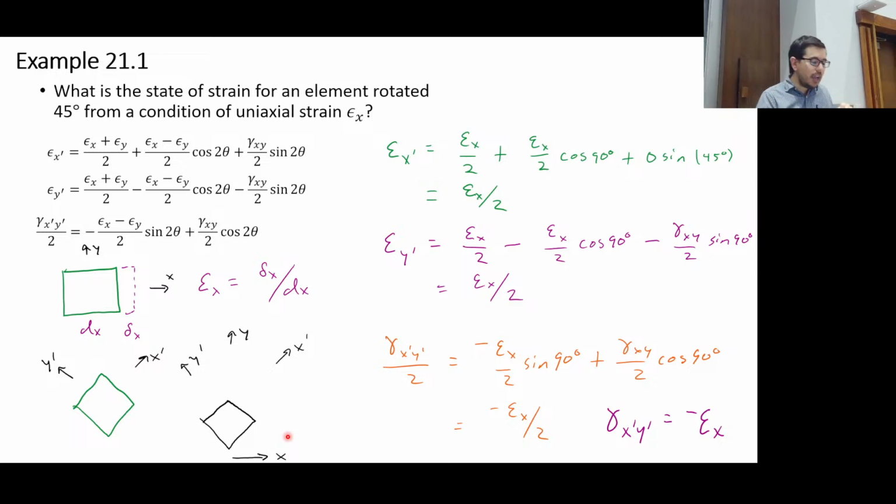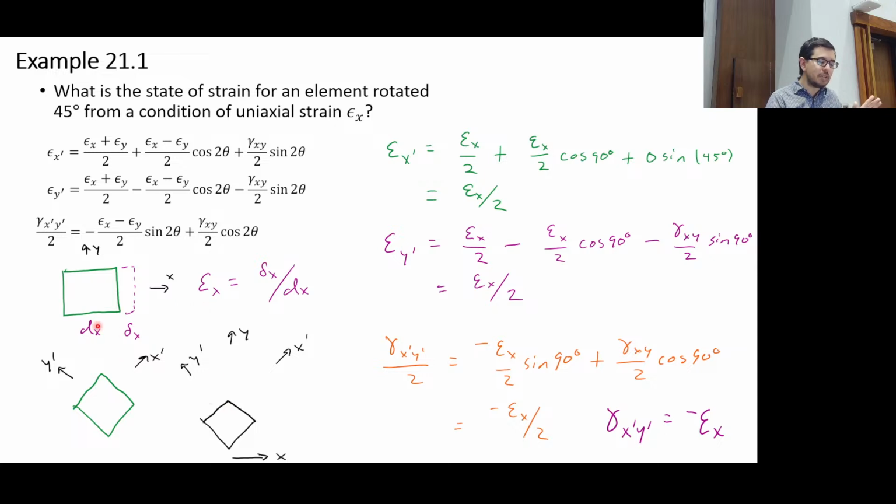So it's expanding. And if we think, look, epsilon x over 2, and, sorry, not that one. I want to use the ones for my case, right? Epsilon x prime is going to go this direction, half of what it was. Epsilon y prime is going to go half of what this value was, right?